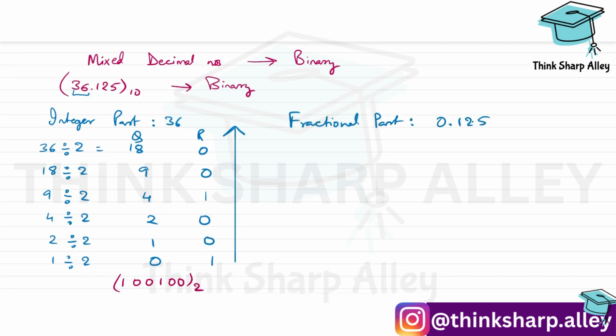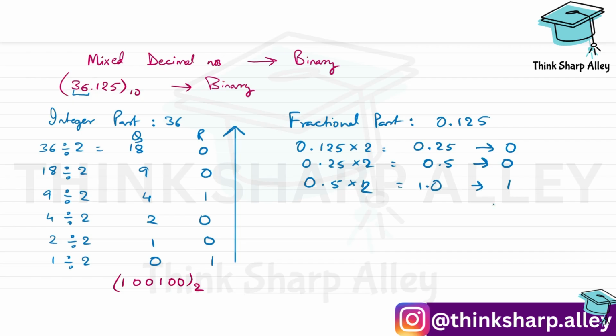And now we convert this by multiplying by 2. Note the numbers before the binary point. Fractional digits are read from top to bottom.